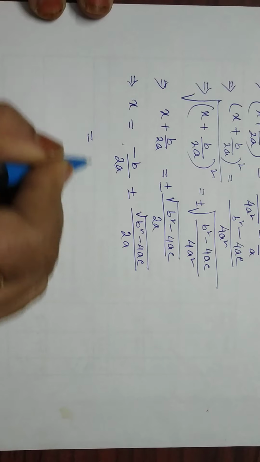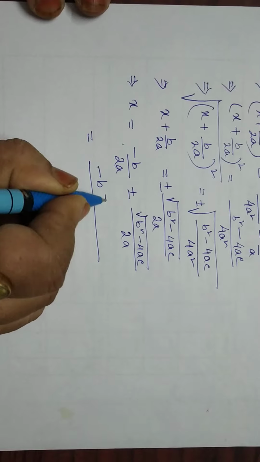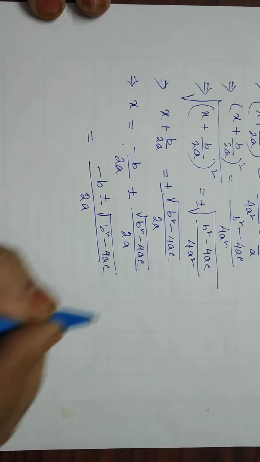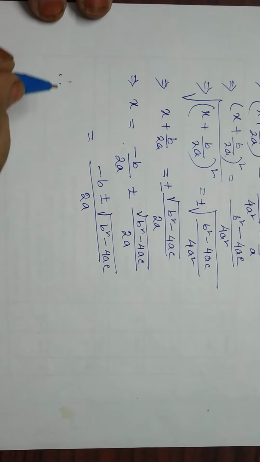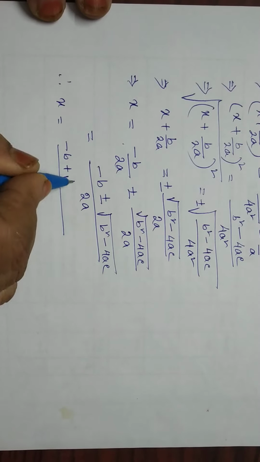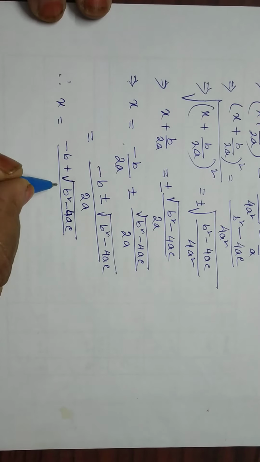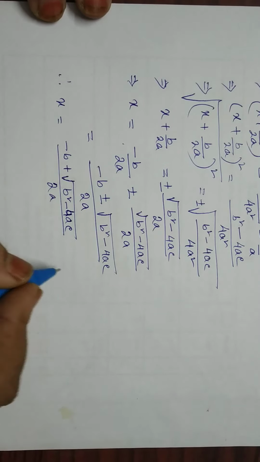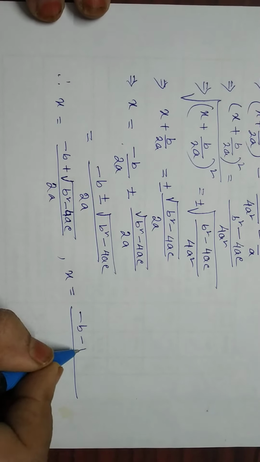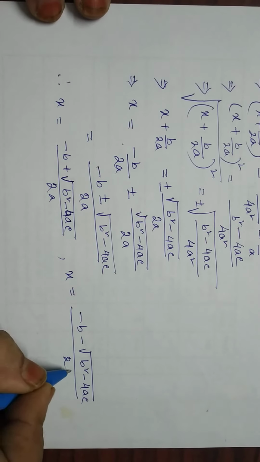Okay, now if we simplify this one, twice a will be the LCM: minus b plus minus root over b square minus 4ac. Therefore one x is equal to minus b plus root over b square minus 4ac by twice a, and another x is equal to minus b minus root over b square minus 4ac divided by twice a.